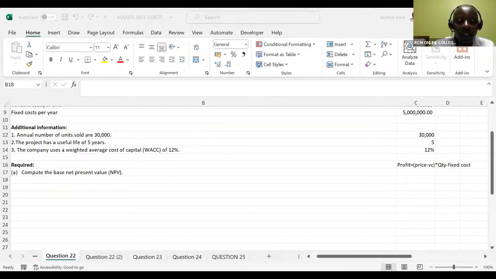You hold Control and Shift at the same time, and then you press equals.